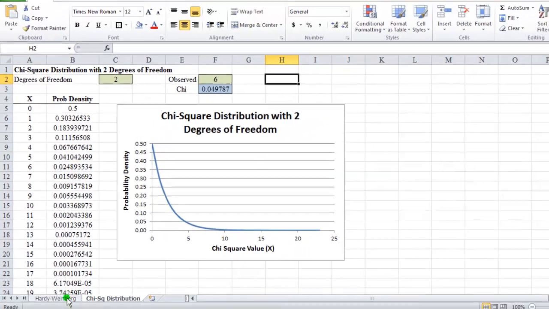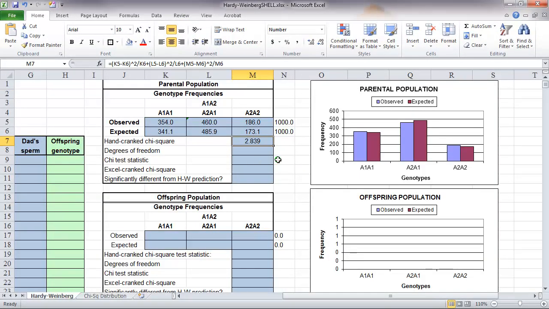So that's what we're going to do with this calculated Pearson chi-squared. We're going to find where this chi-square statistic falls on a chi-square distribution with 2 degrees of freedom. Now, the degrees of freedom, you must specify. You have to tell Excel which chi-square distribution you're talking about.